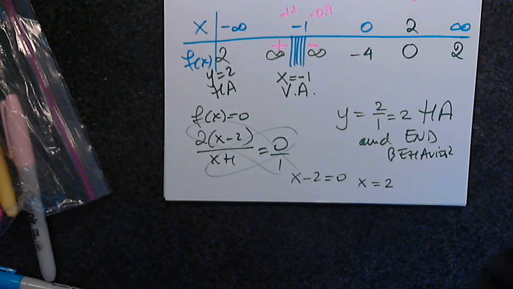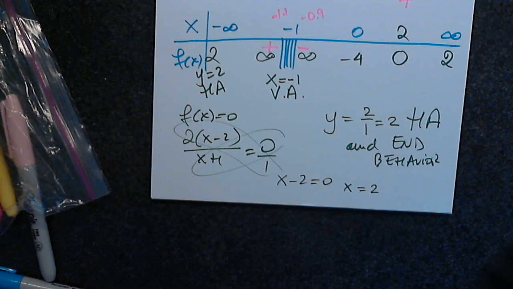This is it. Let's try and make sense of this information and then put everything together in a graph. Let me know when you're ready. Any questions? Okay. So on the left-hand side, we start from the left to the right, right? From approaching 2, going up to infinity.